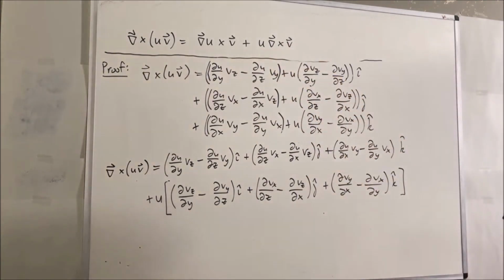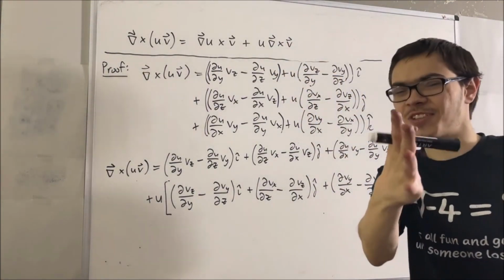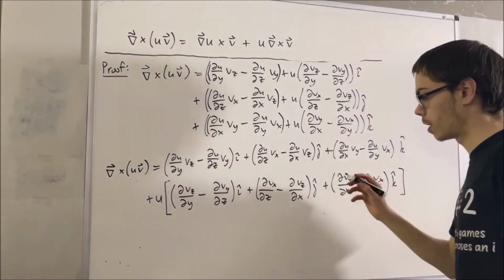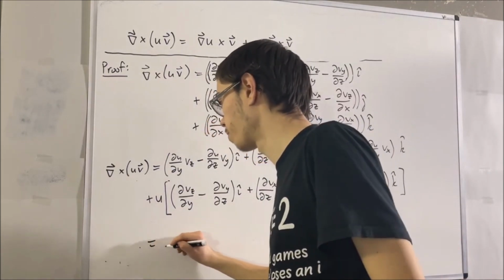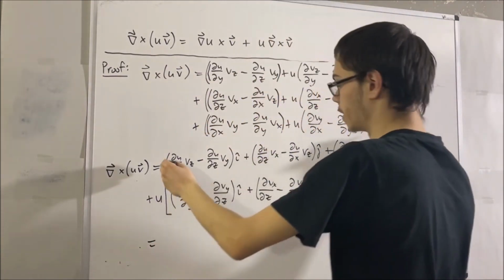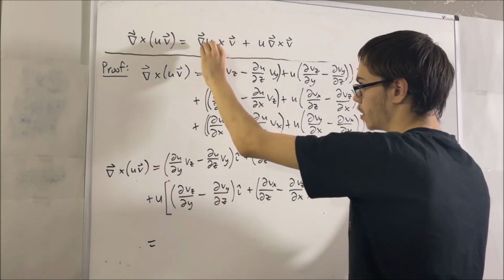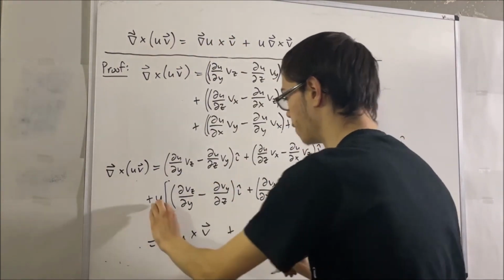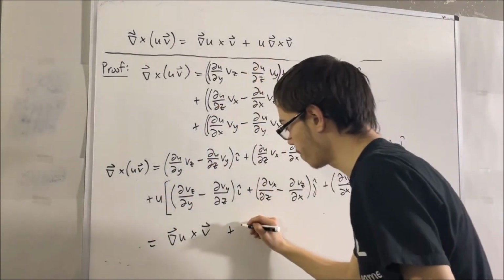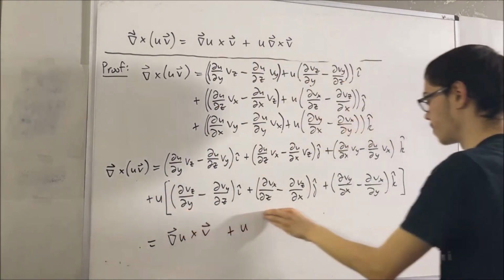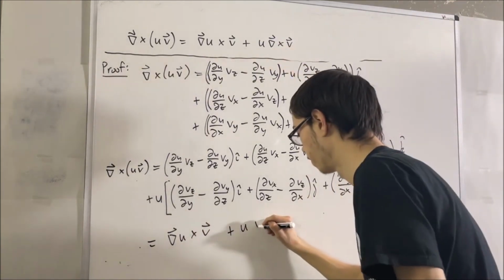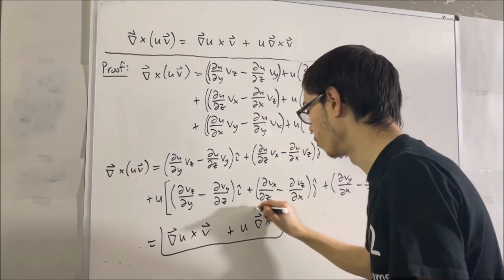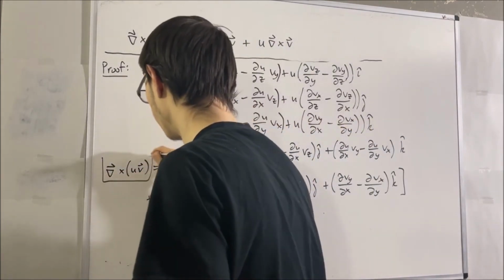I'll leave that as an exercise for the audience, but you need to be able to convince yourself that those are true. Otherwise, if you just want to assume it's true, well, then yes, this first vector does in fact represent the gradient of u crossed with v. And the second vector, well, we have u factored out. That's exactly what's going on here. But everything inside these brackets is really just the curl of vector v. And so now we have proven that these two things are equivalent.